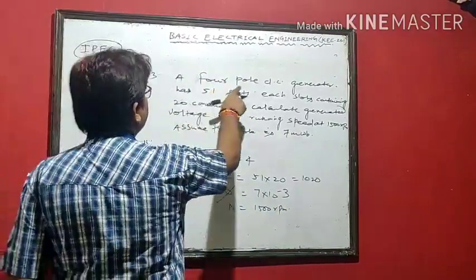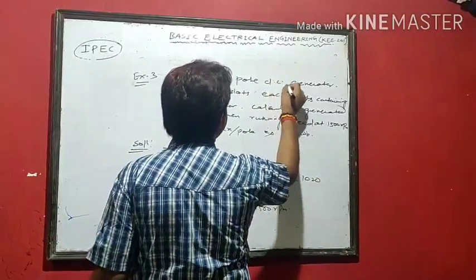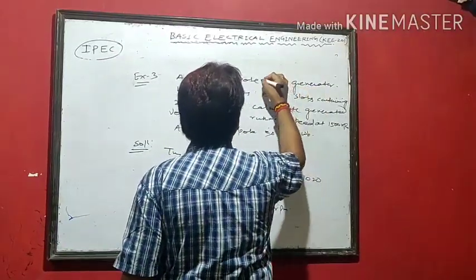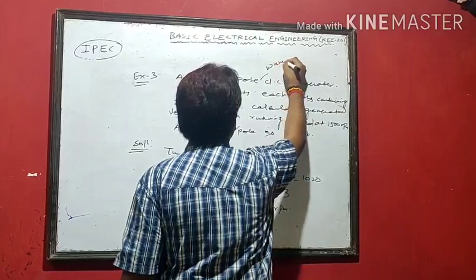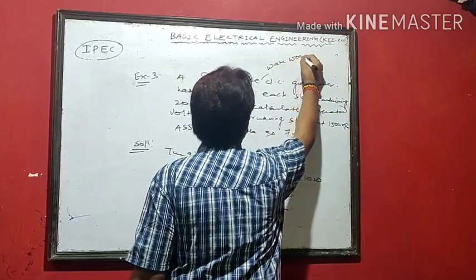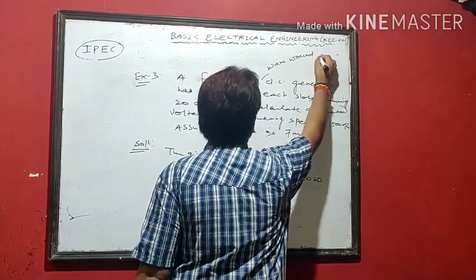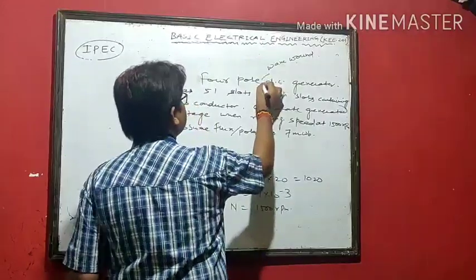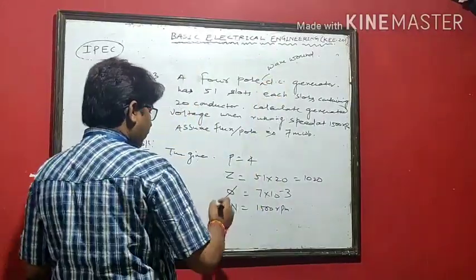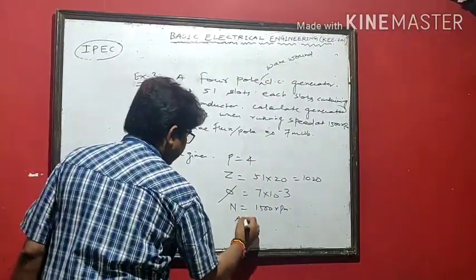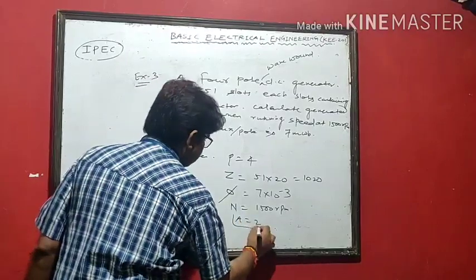A 4-pole DC generator, that means wave wound DC generator. For wave, A equal to 2.